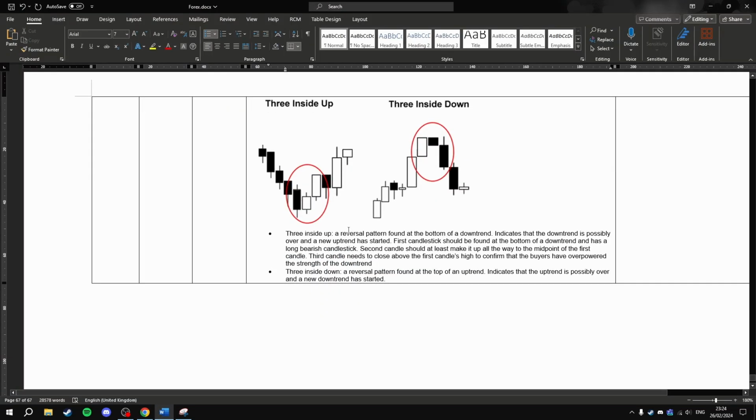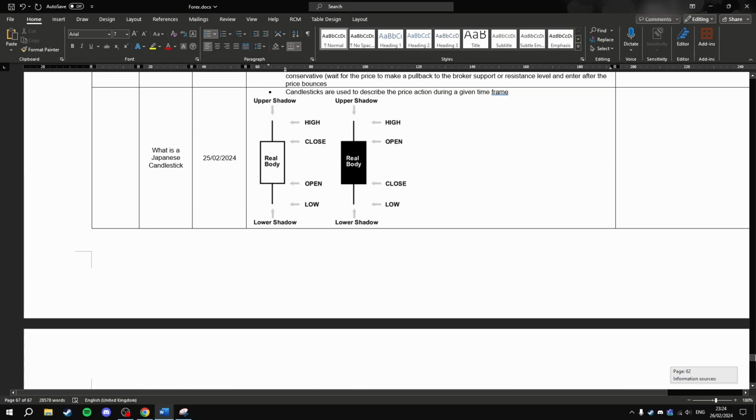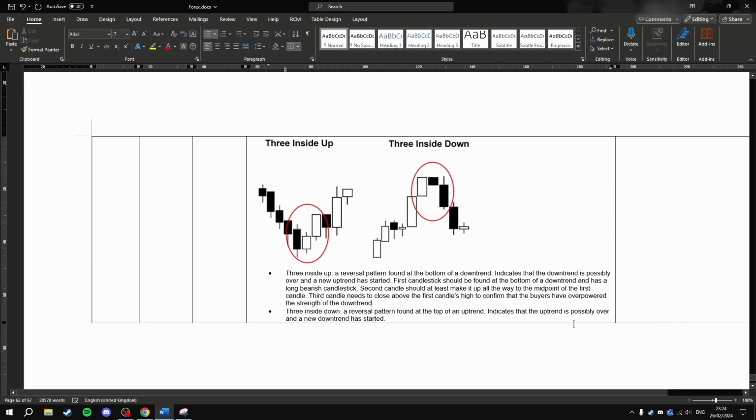So here, this is the closing price of the white one. The first candle's high is here, so it closed above that. So the buyers have overpowered the strength of the downtrend.